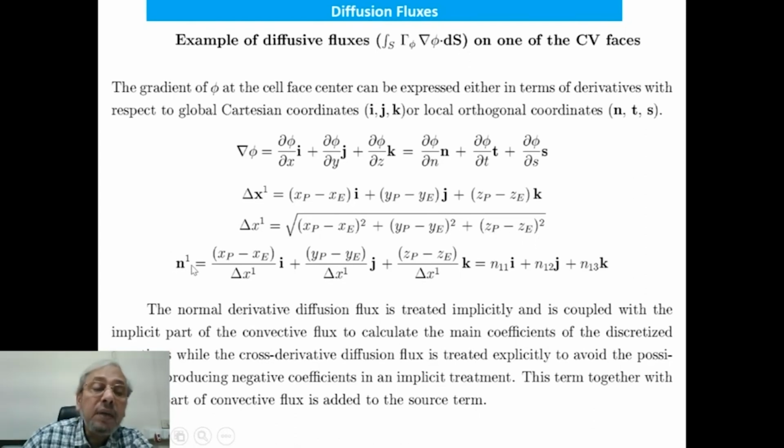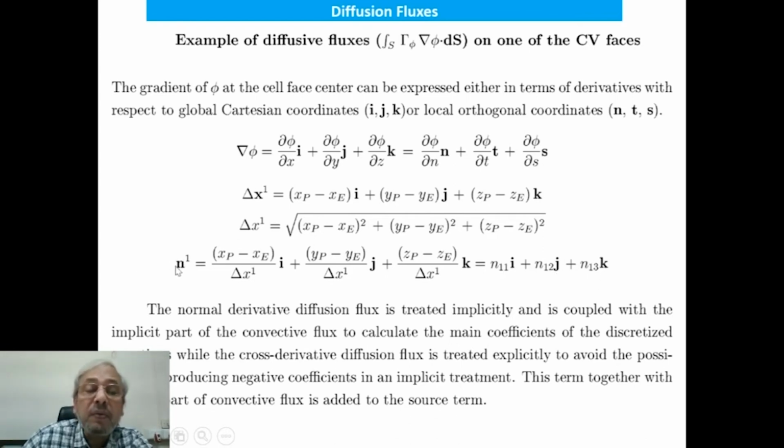And the unit normal vector can be given as (xp minus xe) divided by del x1 into i, (yp minus ye) divided by del x1 into j, (zp minus ze) divided by del x1 into k, which can also be called n11 i, n12 j, n13 k.